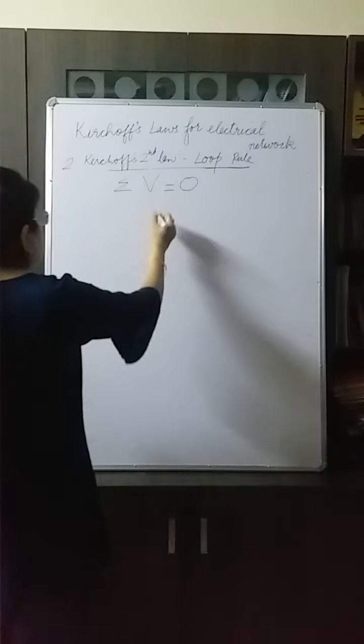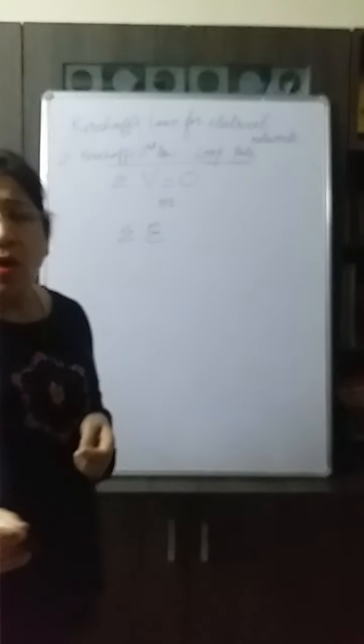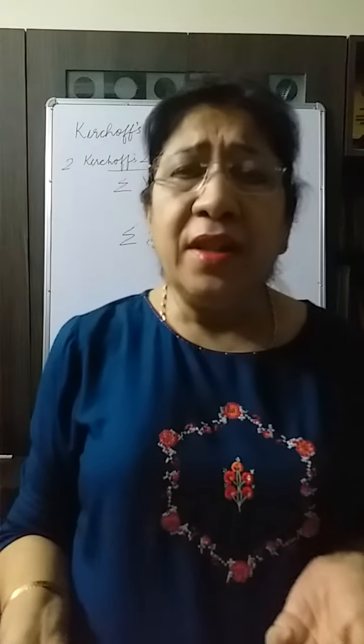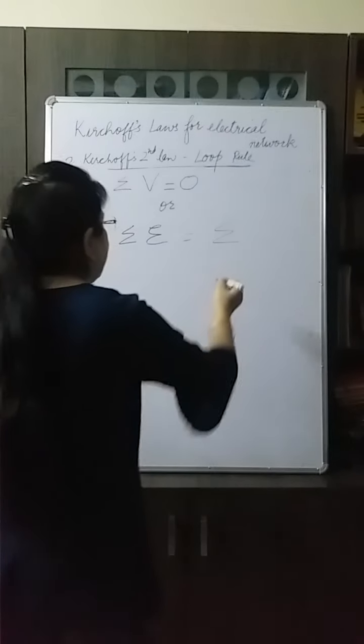There is another way of stating it: the algebraic sum of the EMFs in a circuit is equal to the algebraic sum of the products of currents and resistances in a circuit, that is IR.